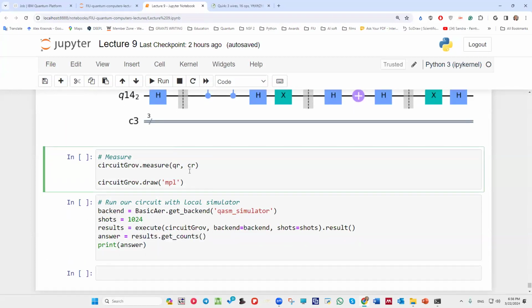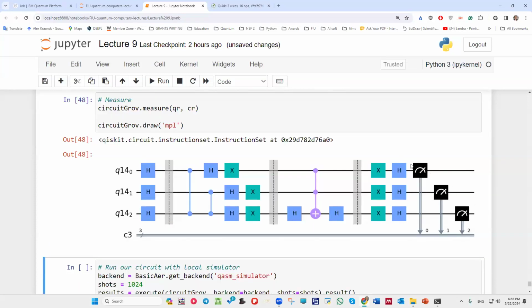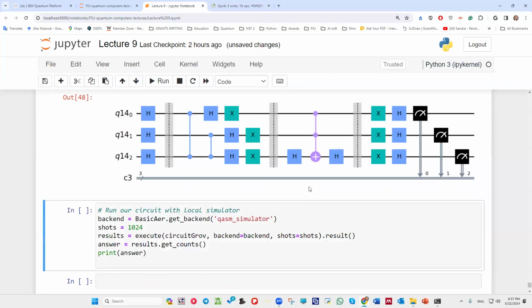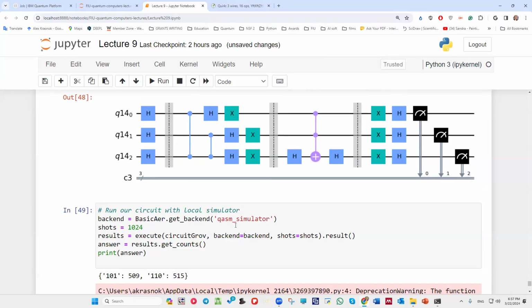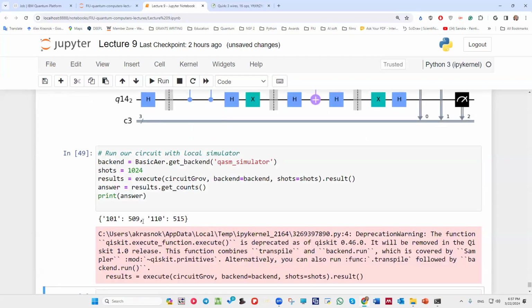All right, and then we measure. So we apply this closing layer of Hadamard gates. In this case, it is a part of the circuit, but I guess you can work even without this layer. And then three measurement gates to measure the qubits. And this is the result. So indeed, in this classical quantum simulator using a classical machine, the result is here, right?